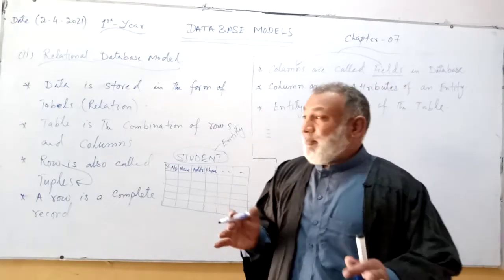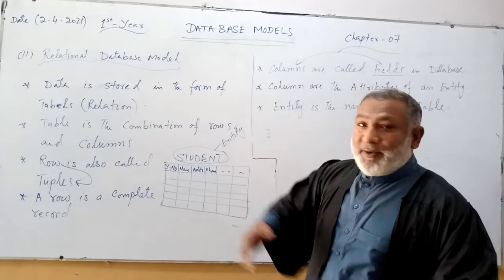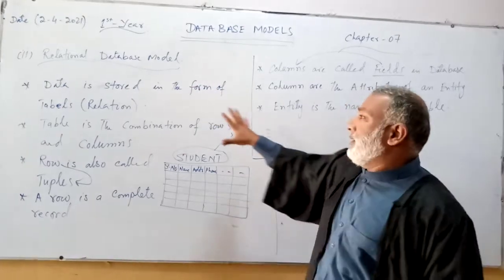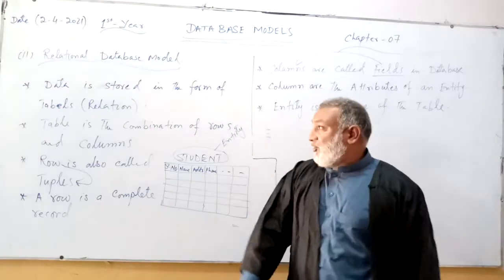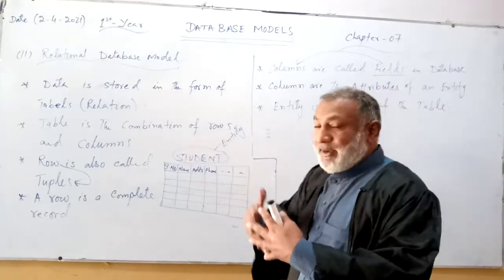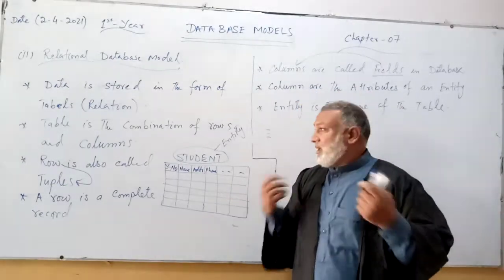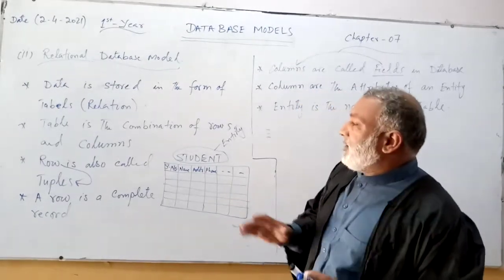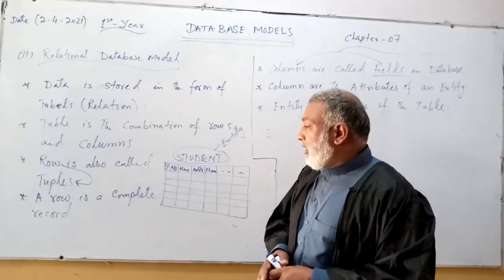So we are just exploring the relational database model. Let me go through it again, then we go forward. The data is stored in the form of tables, which are called relations. What is a table? A table is a combination of rows and columns. When rows and columns combine, they make a table. All the data is stored in the form of rows, where a row is called a record.